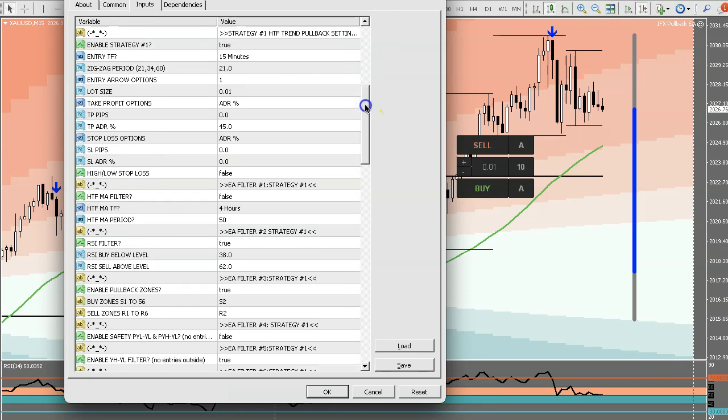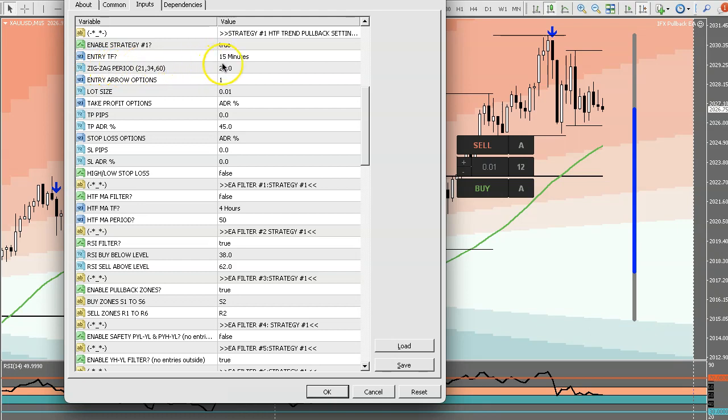Now, if you want the EA to enter for you, I've already given you the way I'm going to trade it, but you can still change some of the settings. Again, we're going to enable strategy number 1, because this one is going to be selling on the red zones and buying on the blue or green zones.